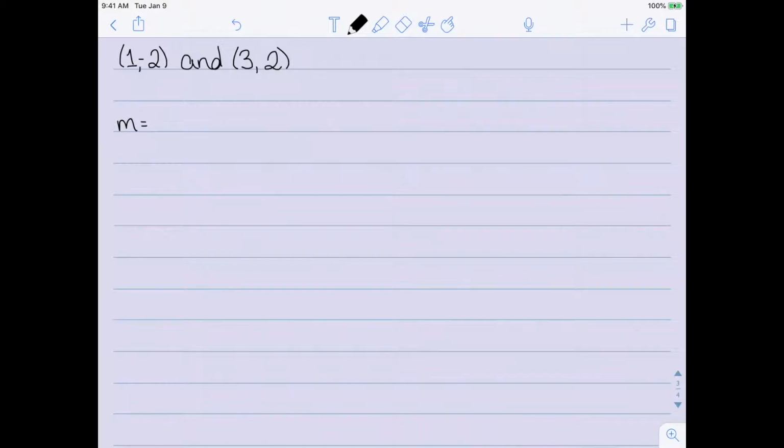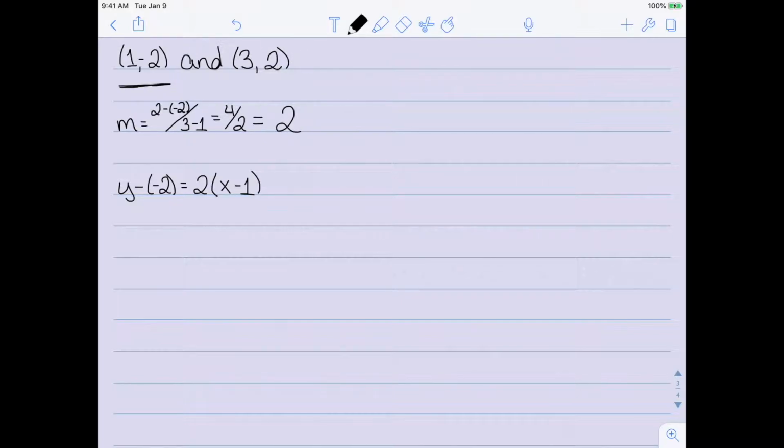We need y2 minus y1, so 2 minus -2, over x2 minus x1, 3 minus 1. 2 minus -2 is 4, and 3 minus 1 is 2, which gives us that our slope is 2. So now I'm going to use this point right here and my new slope to find my point-slope form. It says y minus y1, so y minus -2 is equal to the slope, 2, times x minus x1, which is -1.